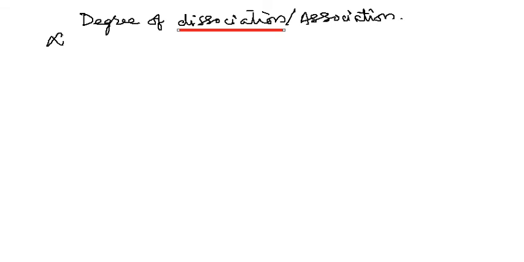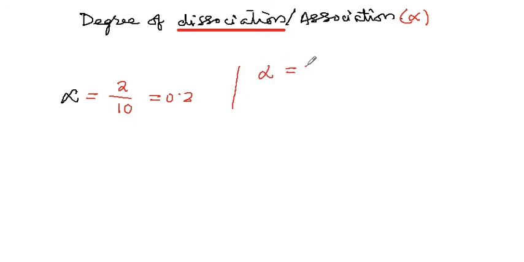So what does degree of dissociation or alpha mean? The degree of dissociation, or alpha, would mean out of the total molecules that you have taken, let's say we have taken 10 molecules and out of those 10 molecules 2 have got broken apart. So that means our degree of dissociation is 0.2. So let's say if somebody would have given us the degree of dissociation alpha as 0.3.